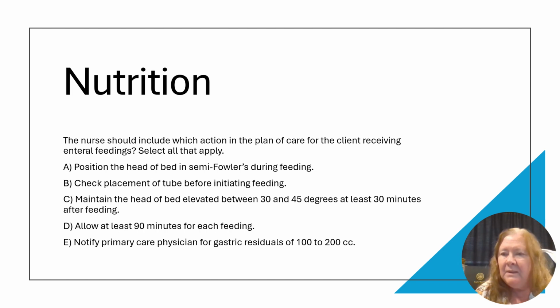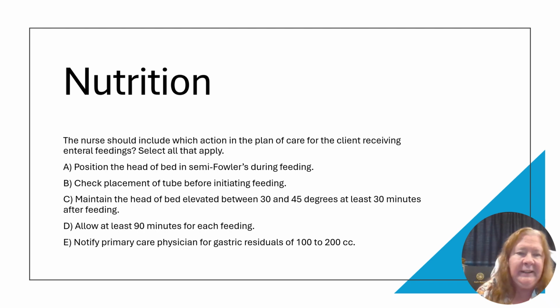And the nurse can also minimize the risk of aspiration by keeping the client in Fowler position, the head of the bed elevated at least 30 to 45 degrees at all times when feedings are infusing and for 30 minutes after completion of intermittent or continuous feeding.